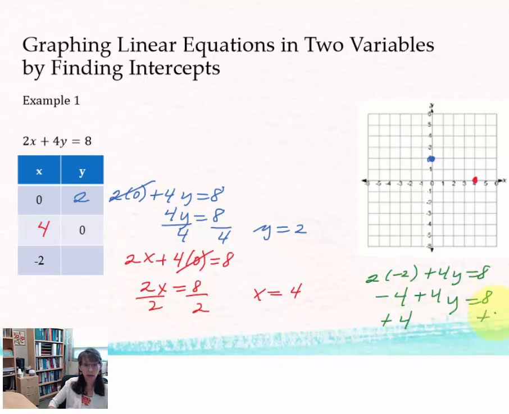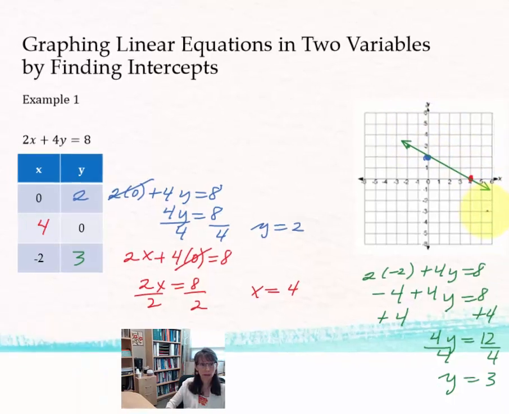Adding 4 to both sides of the equation, 4y is 12. So division by 4 gives us a y value of 3. So hopefully this ordered pair will line up with our others, (-2, +3). So that looks pretty good. Let's draw the line and be sure to include arrows on both ends.